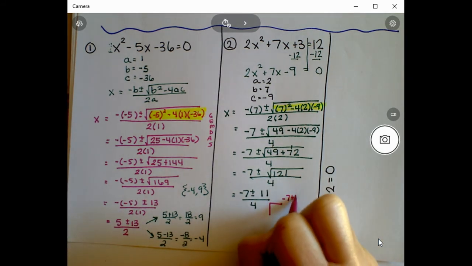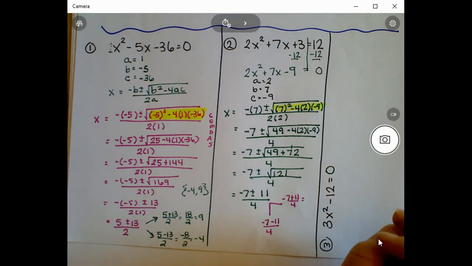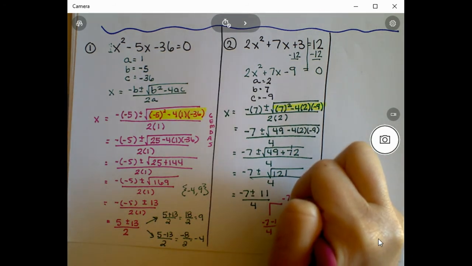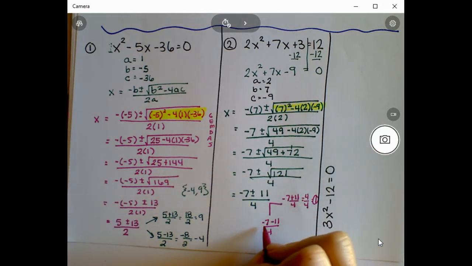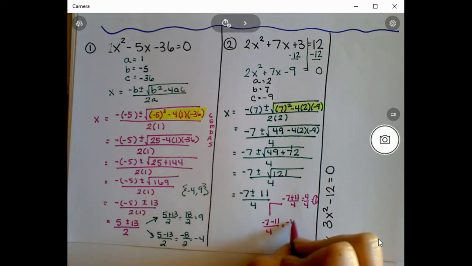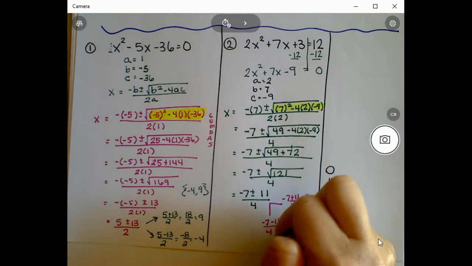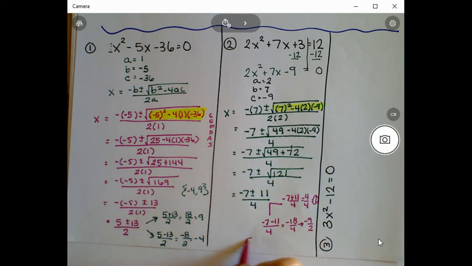Negative 7 plus 11 over 4, and negative 7 minus 11 over 4. All right, negative 7 plus 11 is 4 over 4, which equals 1. Negative 7 minus 11 is negative 18 over 4, which does not go in evenly, so simplifies to negative 9 over 2. So the answers, negative 9 over 2, comma, 1.